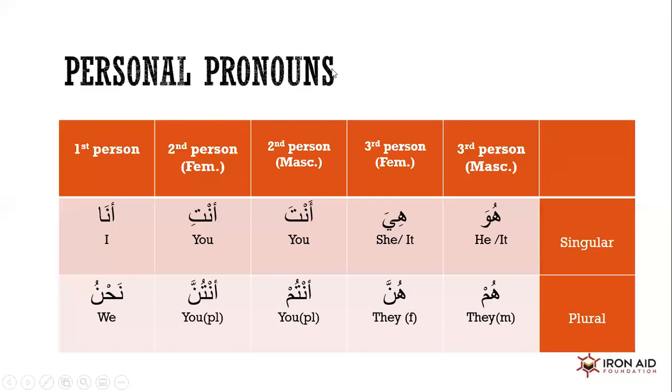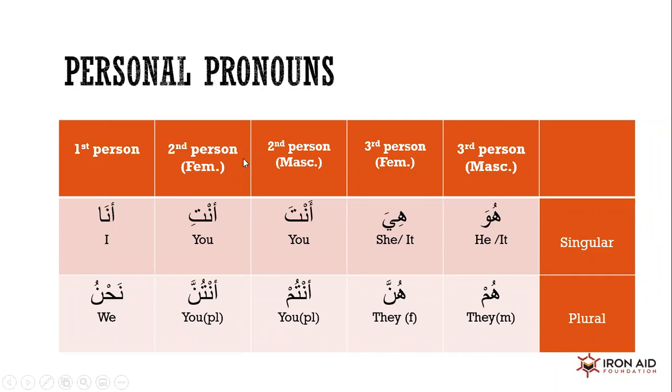So, personal pronouns. Moving on to the second topic today. Personal pronouns are basically words to indicate a person. If we're talking first person, it means we're using the words I, we. So these are the first person pronouns.